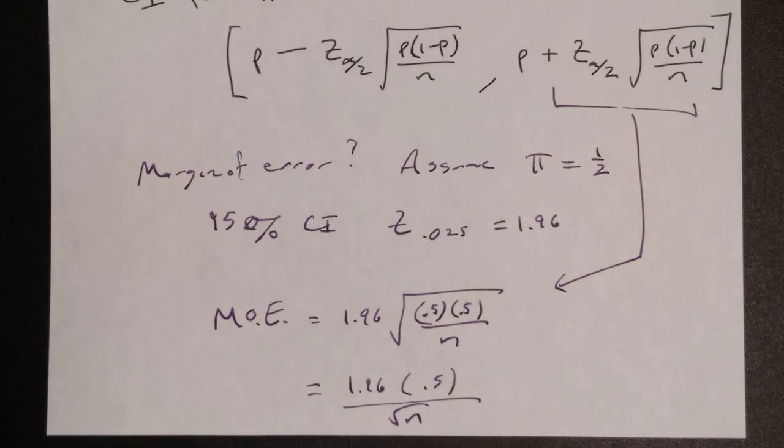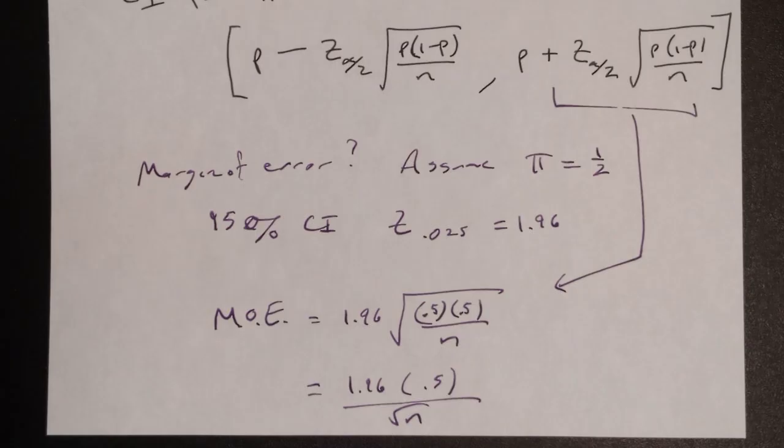By the way, in presidential politics, the margin of error that the major surveyors have used for the past 50 years has been 3%. If I want a margin of error of 3%, do you know how many people I need to find? I don't know off the top of my head, but I can figure it out, right?